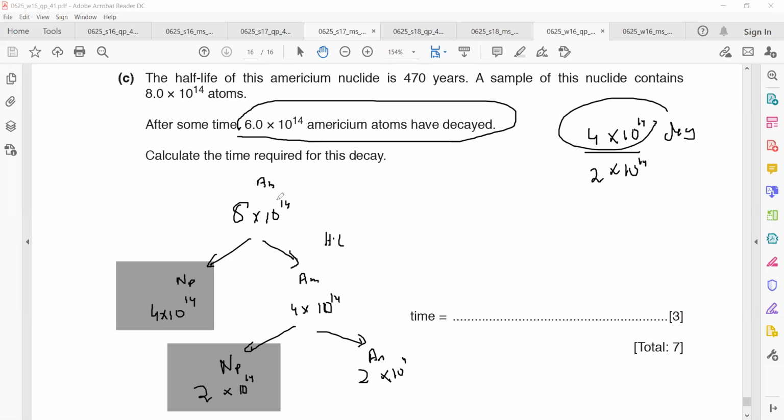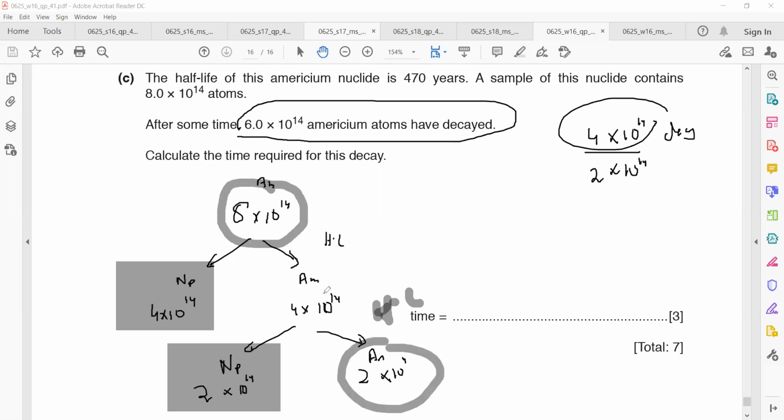So in the beginning, you were having 8 exponent 14 americium atoms. And after 2 half-lives, you are left with 2 exponent 14 americium atoms. So how many americium atoms have decayed or broken down? Total 6 exponent 14 atoms have decayed. And how many half-lives are they taking?